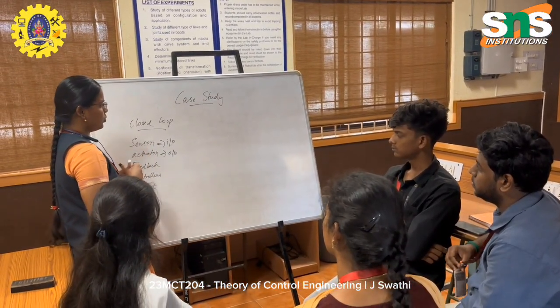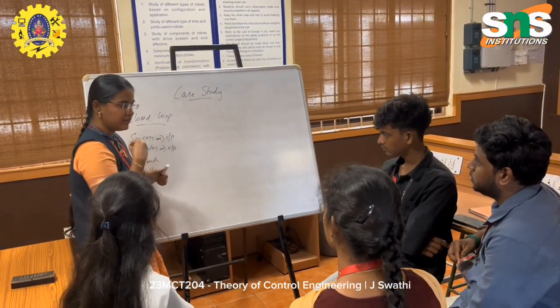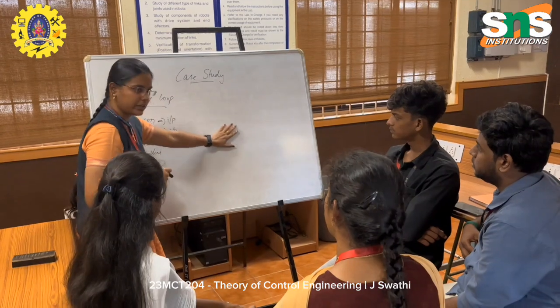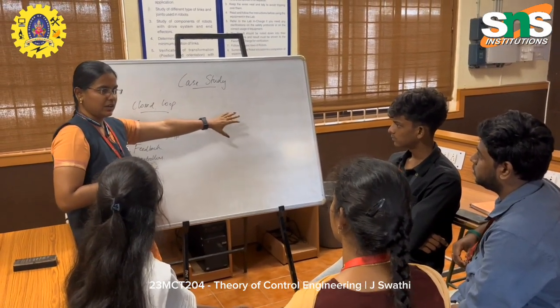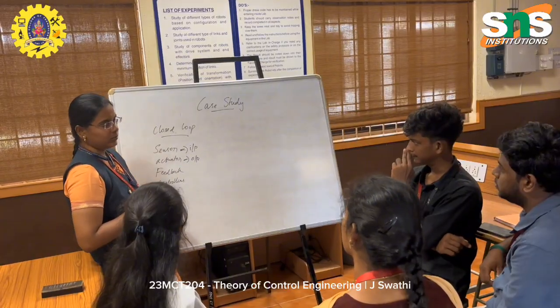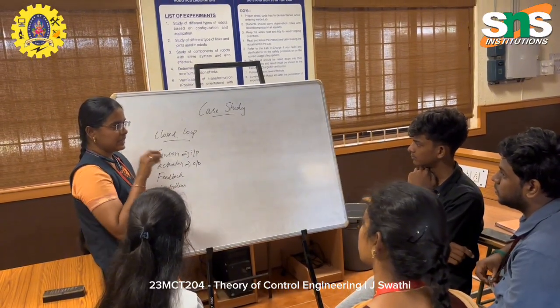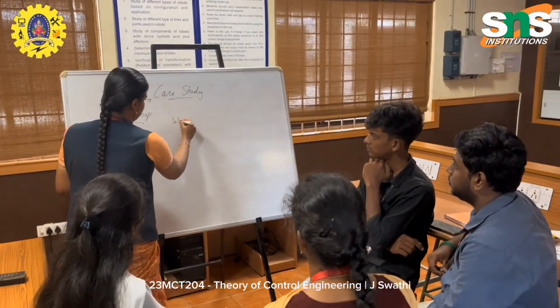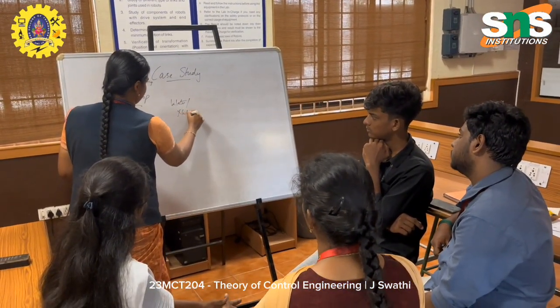Let me know what will be the basic input we are giving to the soil. First we can draw a block diagram or generic architecture of a closed loop system for this same soil irrigation. What will be the input which we give to the soil? Water or minerals, whatever it may be, nutrients.